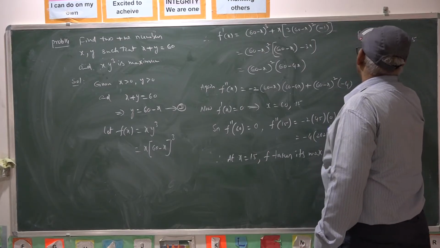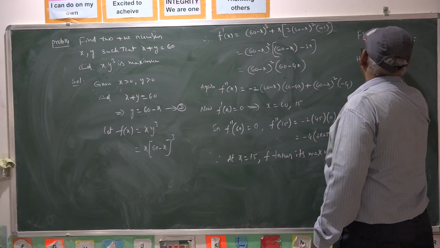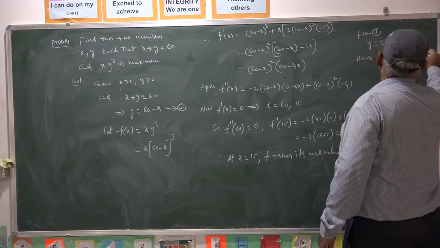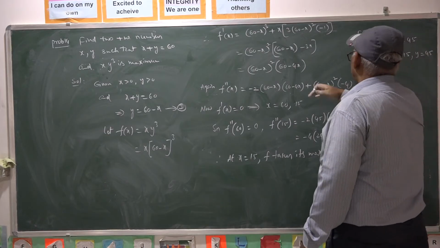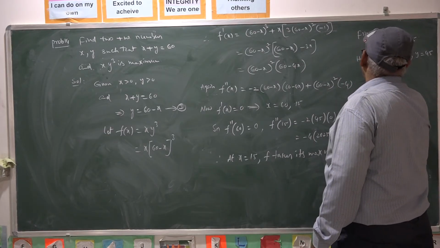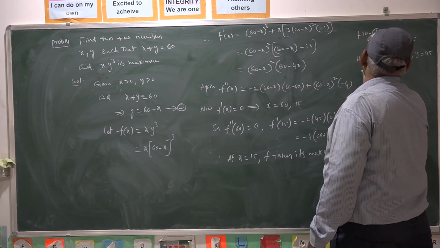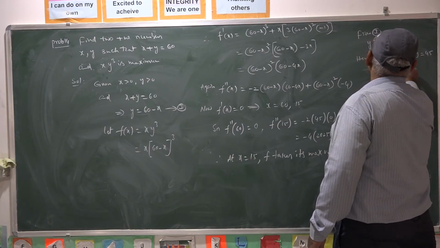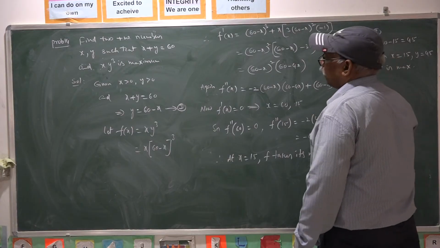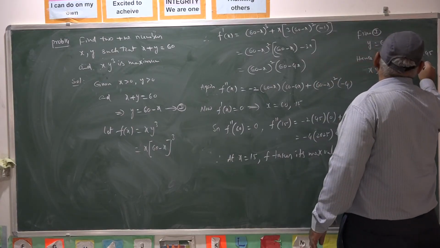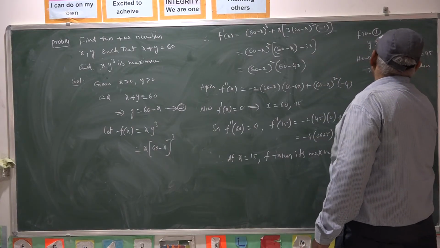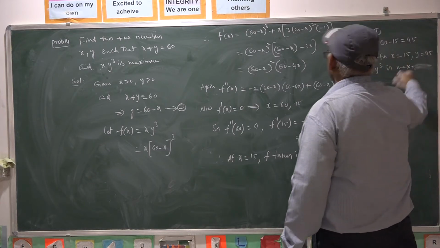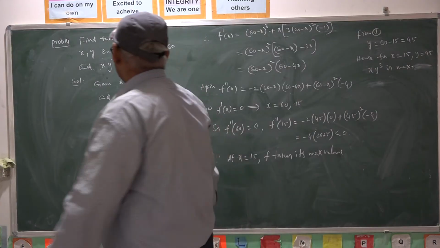Hence the required numbers are, for x equal to 15, y equal to 45. x y cube is maximum whenever x plus y is 60, that is clearly observed here.